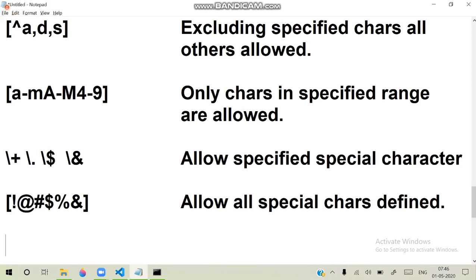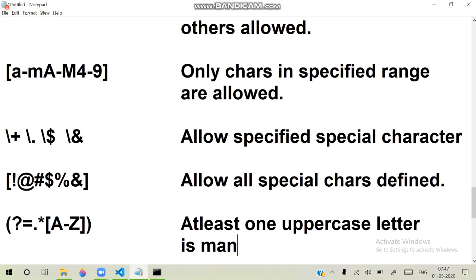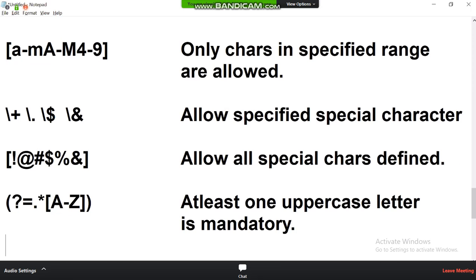One more important thing: if I write question mark equal dot star in the square brace a hyphen z, this indicates at least one uppercase letter is mandatory. That representation indicates that in your word, whatever you type, one uppercase letter is mandatory.